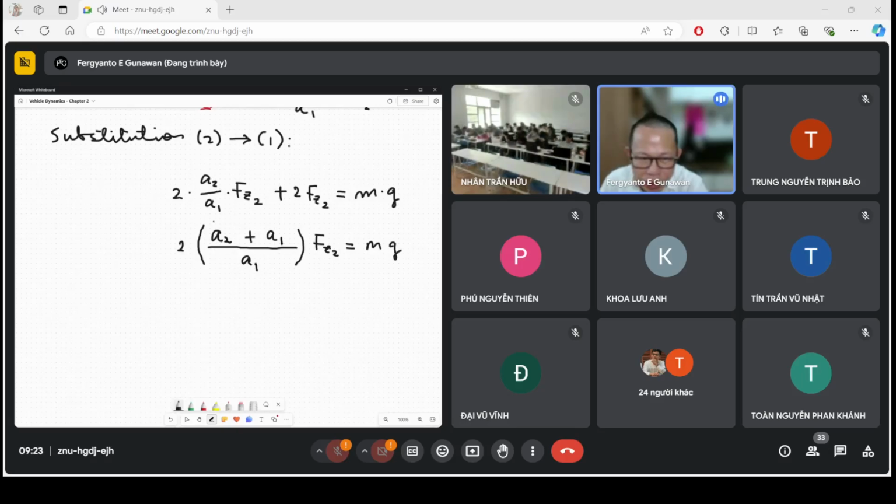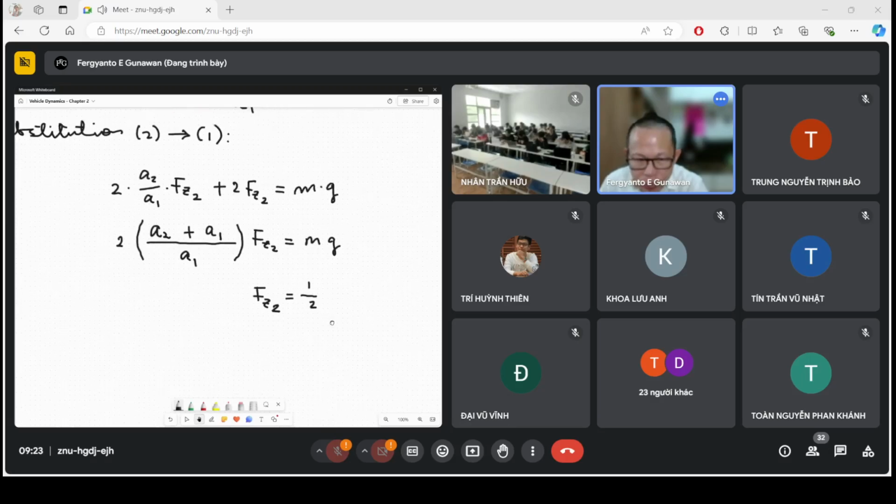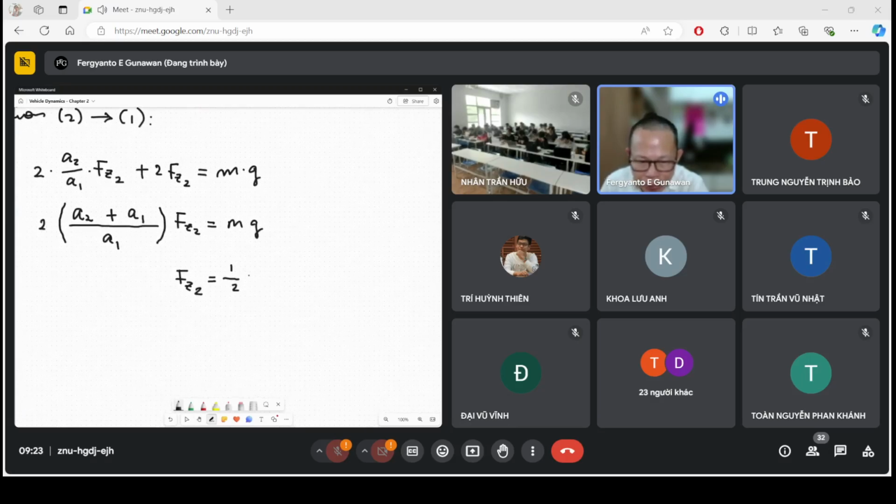So a2 goes here, we put an a1 here, and finally we have Fz2 equal 1/2 of a1 divided by a1 plus a2, multiplied by m and g.